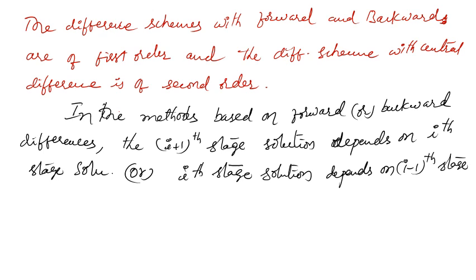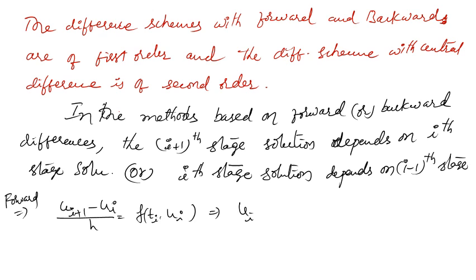What is the approximation? Forward approximation gives ui plus 1 minus ui by h equal to fi, one can write f of ti comma ui. This implies ui plus 1 completely depends on the ith term, so the i plus 1th term depends on the ith term.